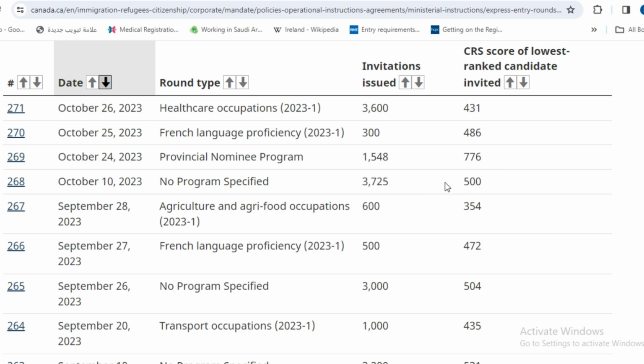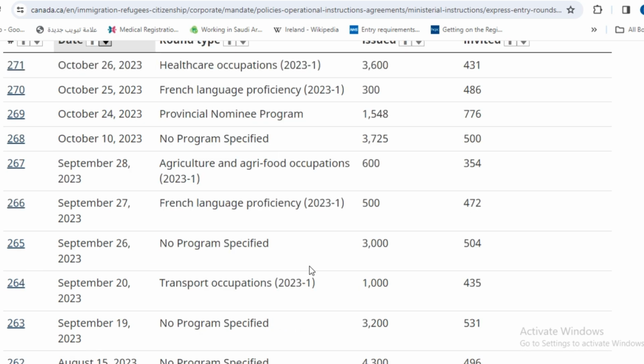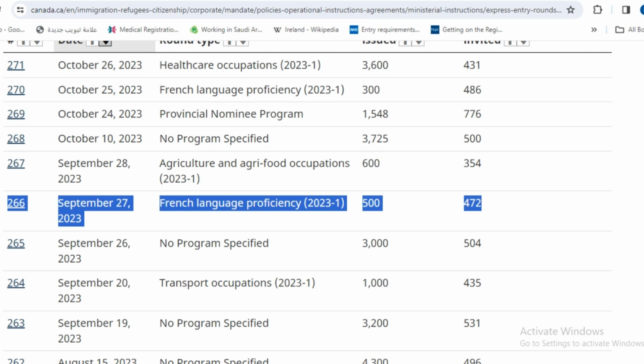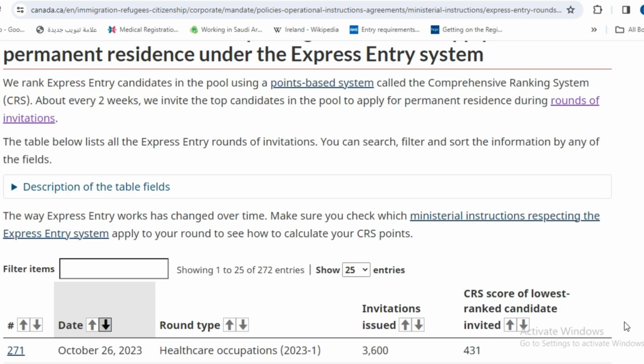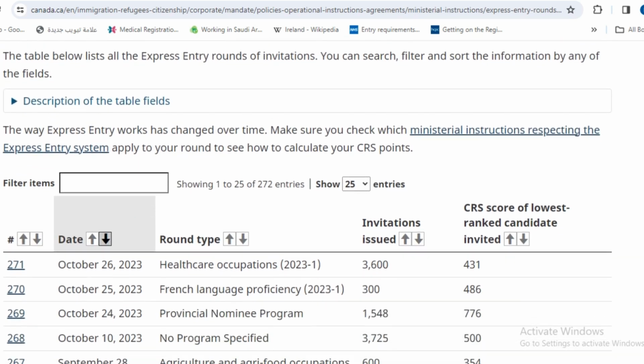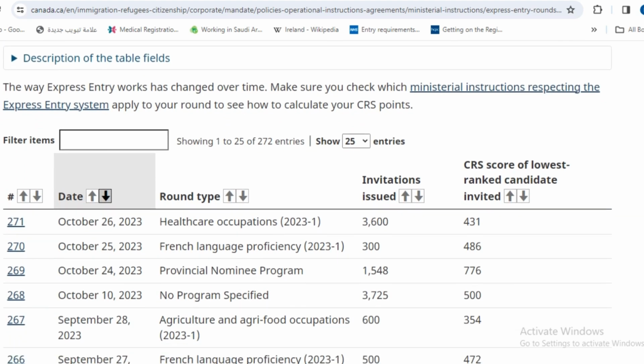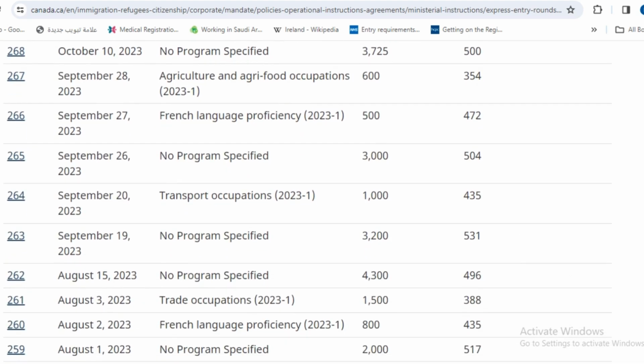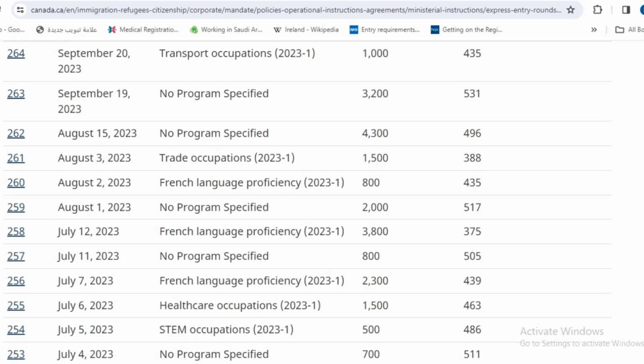No program specified was 500. And then in September, under transportation occupation, the lowest CRS score invited was 435. So you see, no invitation is near CRS score of 426. You see that all of these scores, no invitation is near 426.